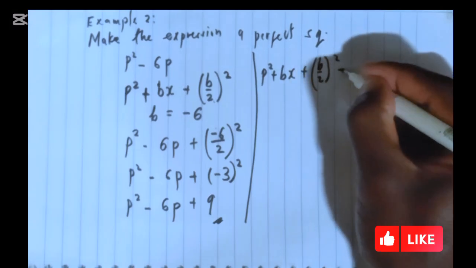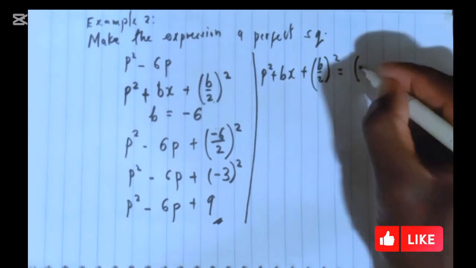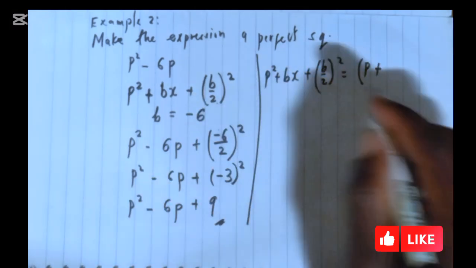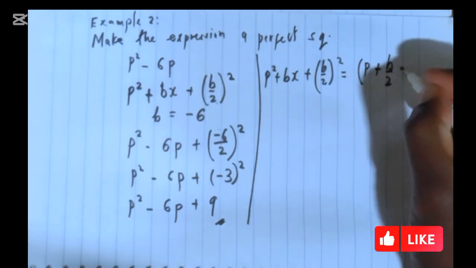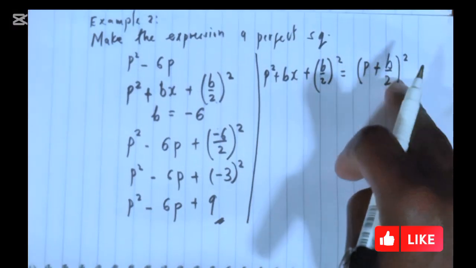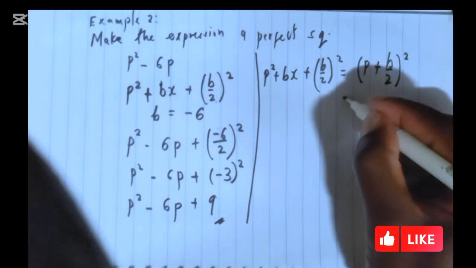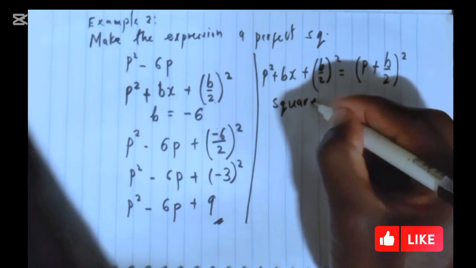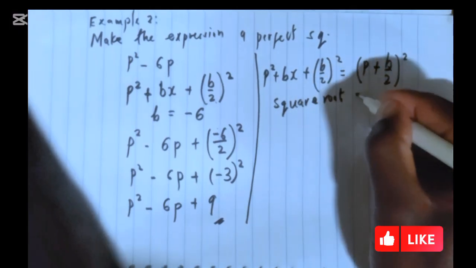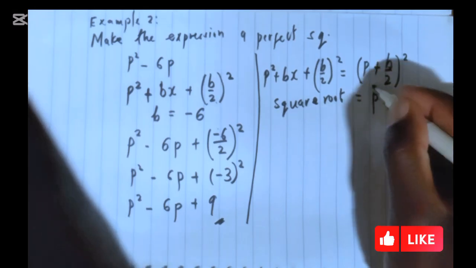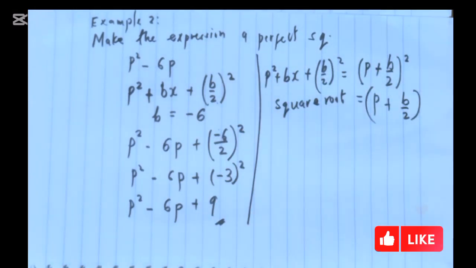Then its square root should be p plus b all over 2.